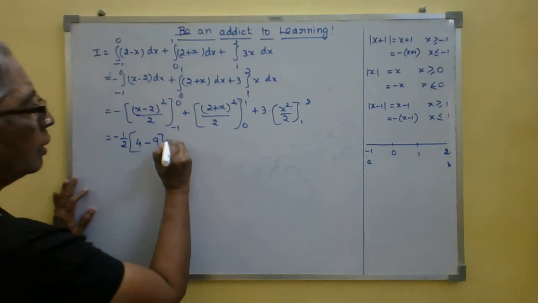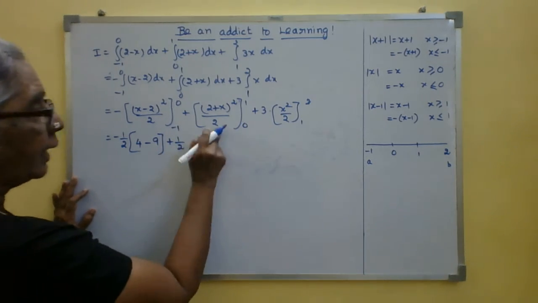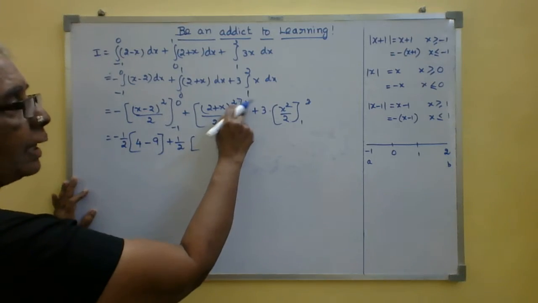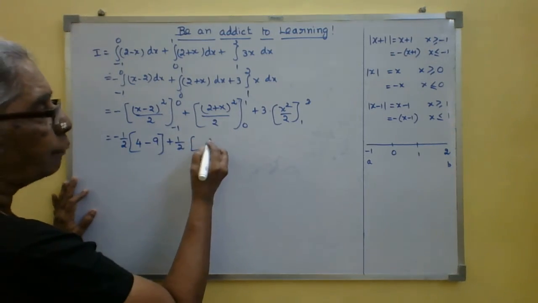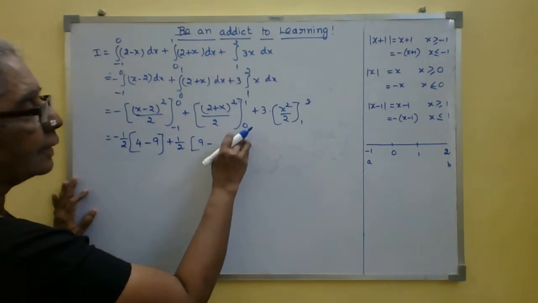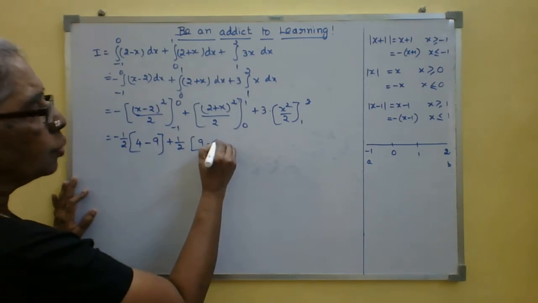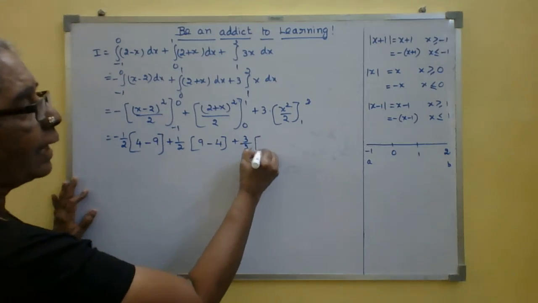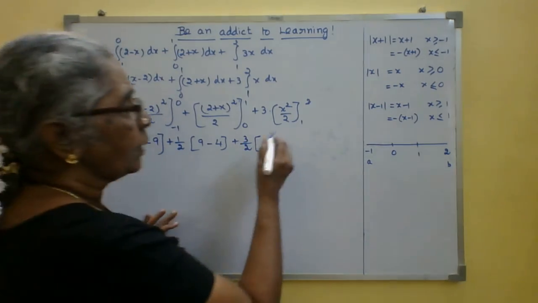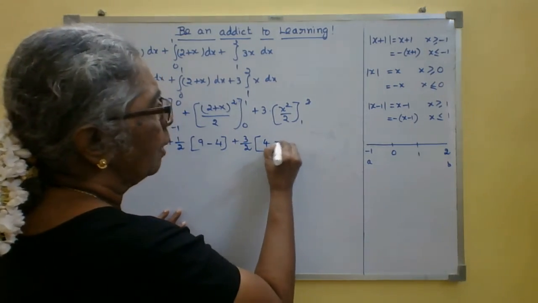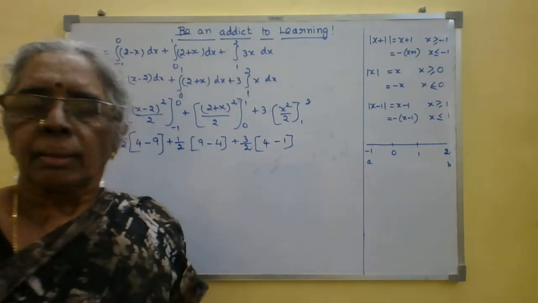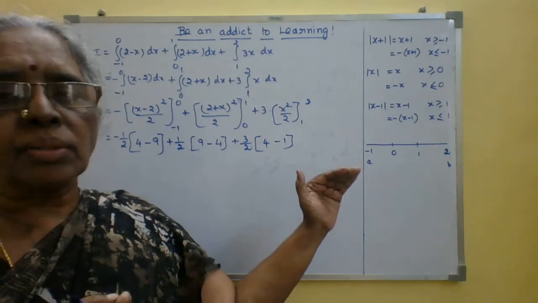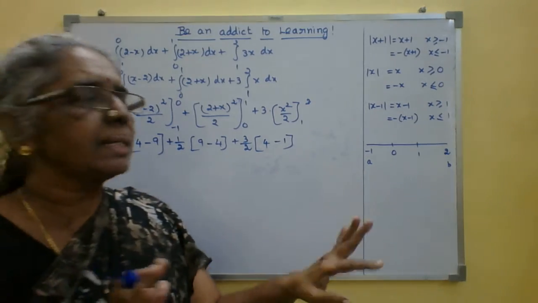Now here I take that 2 in the denominator out. So I get 2 plus x the whole square. The upper limit is 1, 1 plus 2 is 3, 3 square is 9, minus the lower limit 0, so 2 square is 4. Now take the 2 in the denominator out, I get 3 by 2. X squared will be 2 squared is 4 minus 1 squared is 1. So you have made it simpler. When we take the constants out, the calculations will be easier for you.